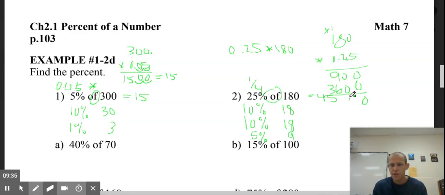Add these together. 5, 4. Oops, just the 1 there. So it's getting a little tight, but if I move my decimal twice, I'll still get 45. So there are just a couple of ways to work with percents of numbers.